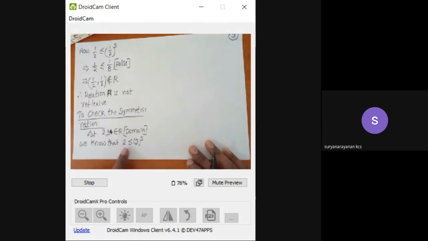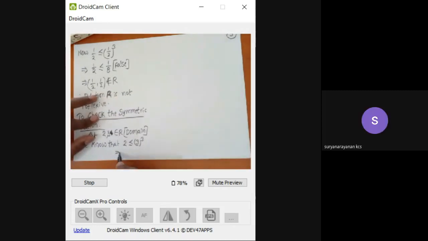Yes or no? 2 is less than or equal to 3 cube. Is it a true statement or a false statement? In the place of A, I wrote 2. In the place of B, I wrote 3. 2 is less than or equal to 3 cube. True, sir. True statement. 2 is less than or equal to 27.